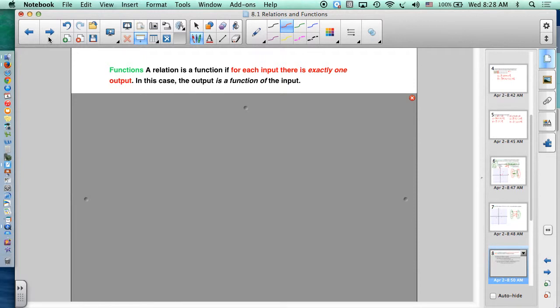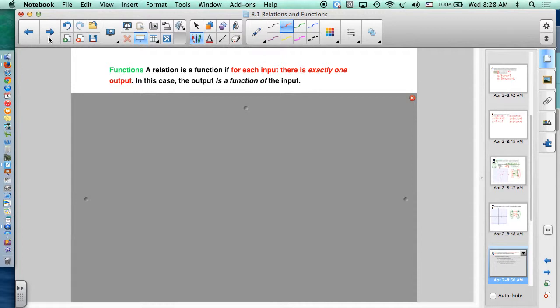The next thing we're going to talk about is functions. A function is a special type of relation. A relation is any relationship between 2 different values, an x and a y. A function is a special relation where every input has exactly 1 output.